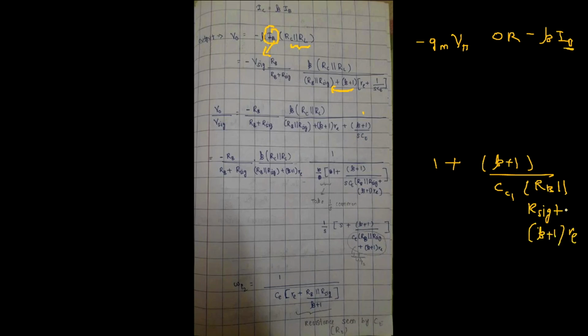Like you must have noticed by now, it's the same pattern in everything where you just have to find the input voltage in relation with V pi or IB and find the output voltage in relation to them as well and try to get it to the form of 1 divided by 1 plus something or s divided by s plus something. I am stressing on that because derivations are an important part in the exam.